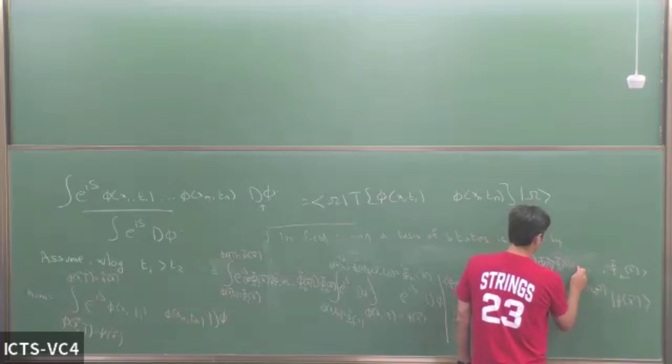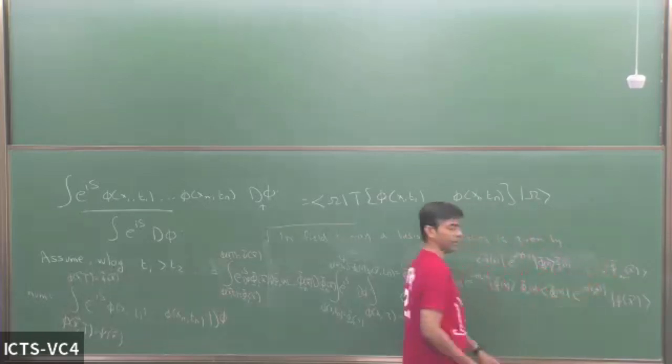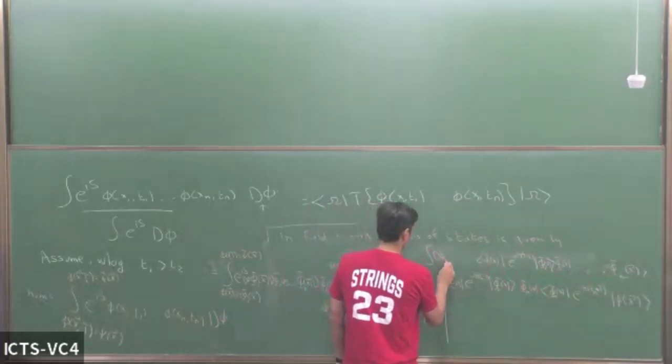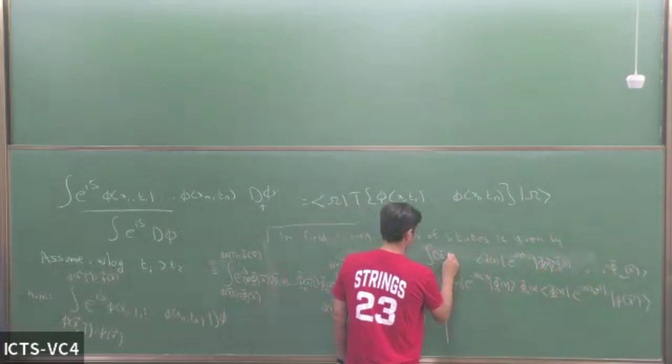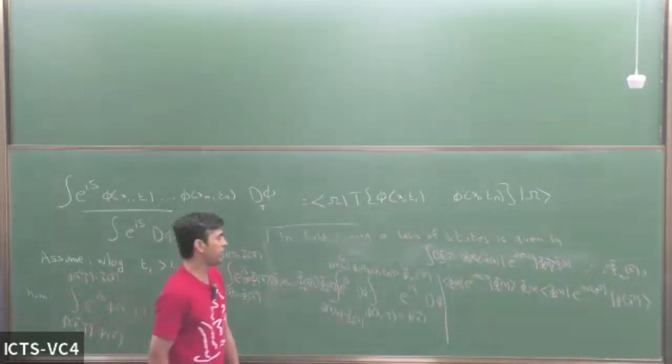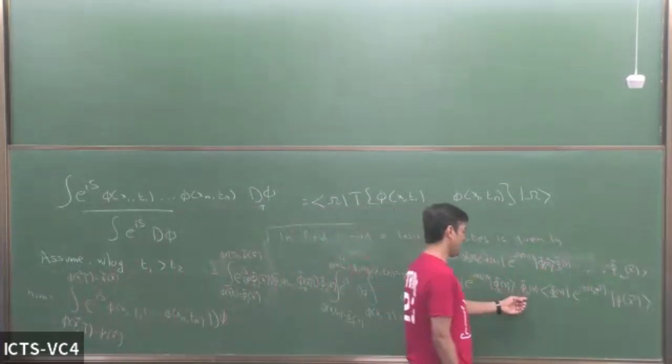And of course, I have a phi 1 of x here and so on. I'm not writing that matrix element. And then I have an integral over all these, d phi 1 of x and so on up to d phi n of x.